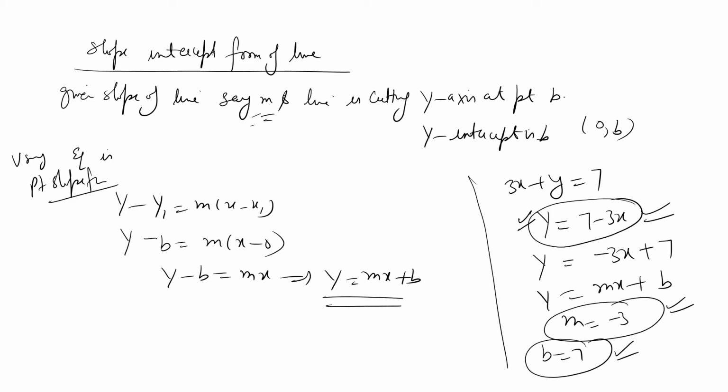You're using it many times, but you don't know that this is actually called slope intercept form. Which intercept? Y-intercept. And each of the equations can be derived from each other, using that point slope form which we did in the beginning: if the slope is given and it's touching the y-axis at this point, how this equation will be, or in the intercept form itself.